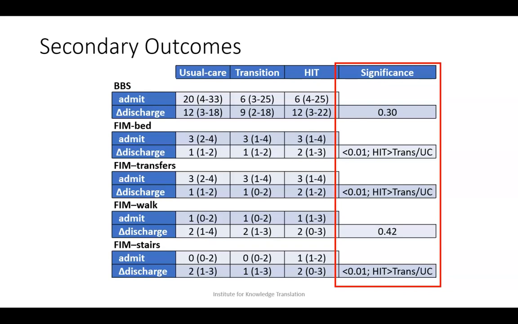The related piece would be there are those other aspects of functional mobility that patients also need to be able to do. Because we're kind of manipulating that pie to spend more time doing walking and therefore less time doing these other things, are we getting these greater gains in walking at cost to these other aspects of functional mobility? And these data would suggest no.